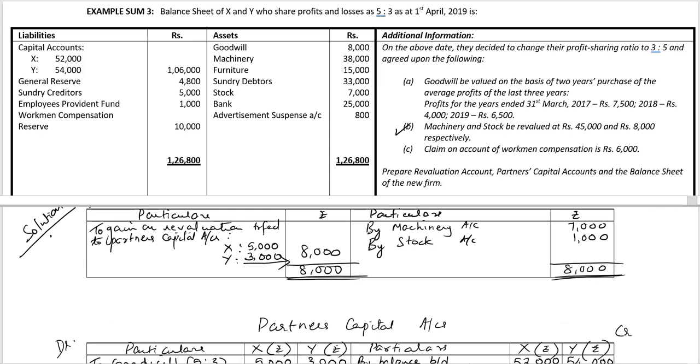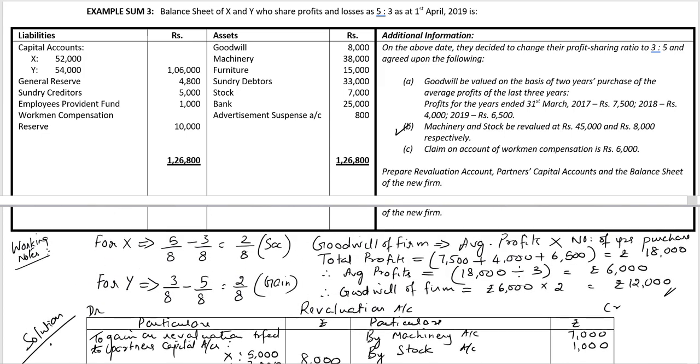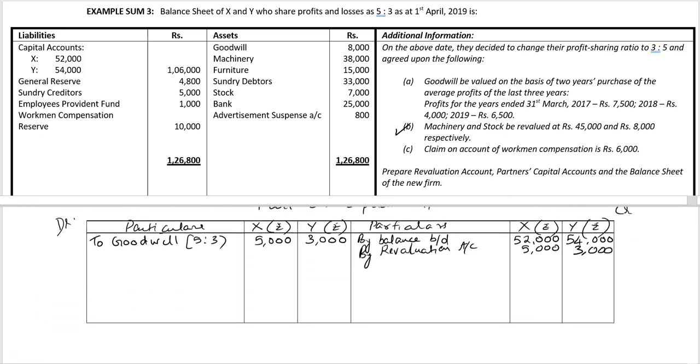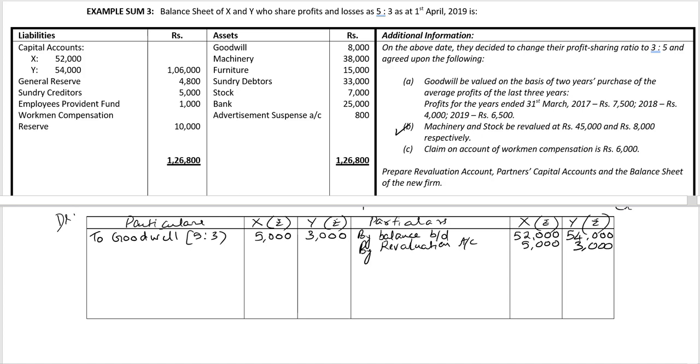The journal entry is Y's capital account to X's capital account. So to Y's capital account, 12,000 into 2/8, which is 3,000 rupees.